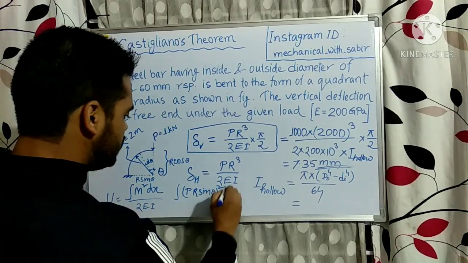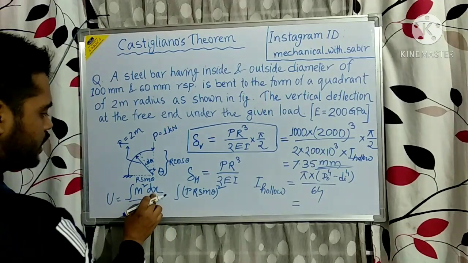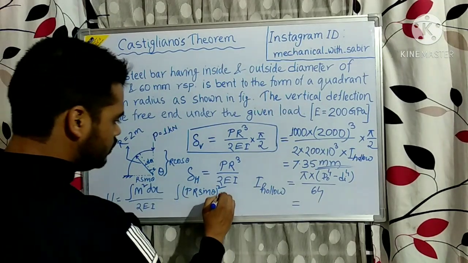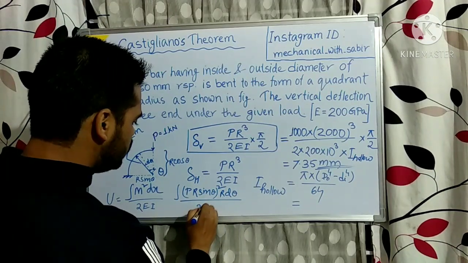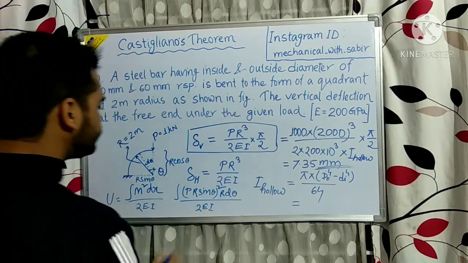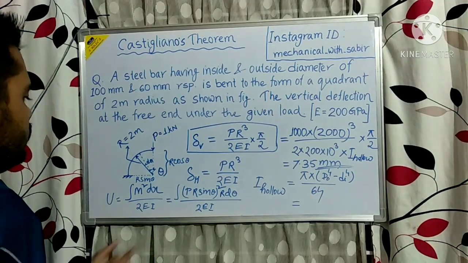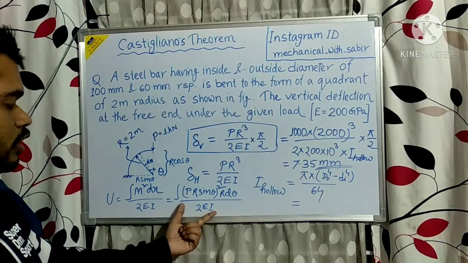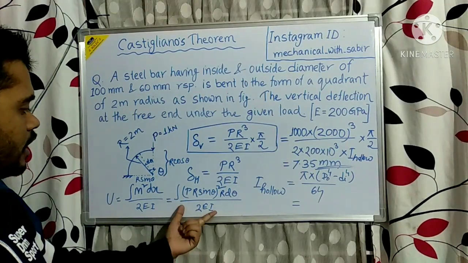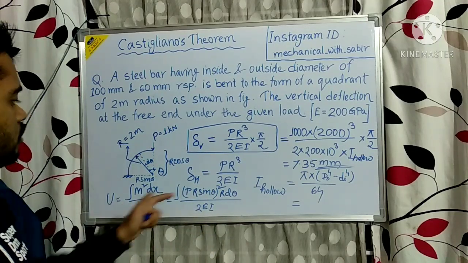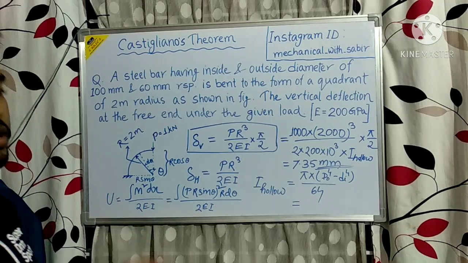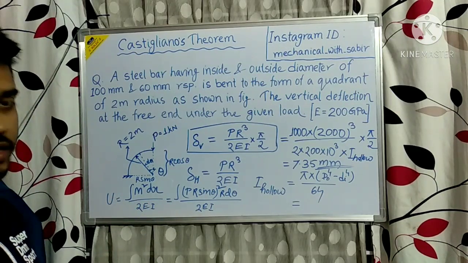So M square, and dx will be replaced by r d theta, divided by 2EI. This will be your strain energy, and you have to differentiate this entire term with respect to the loading P. It will consume a lot of time in your competitive examination.